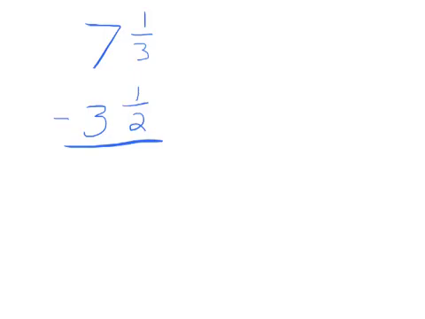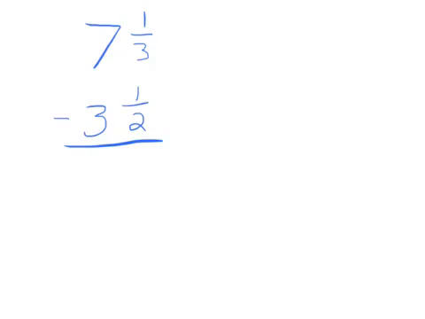So sometimes we have to rename twice, and we have to change the denominators. So for example, let's say I have 7 and 1/3, take away 3 and 1/2. So before I can go on to any other step here, I first have to make a common denominator for 3 and 2. So I ask myself, what can 3 and 2 both go into?